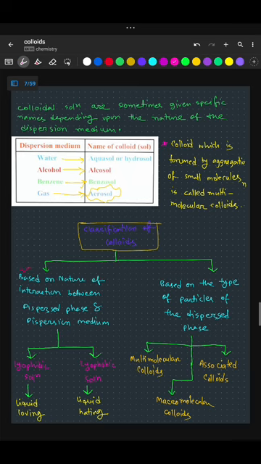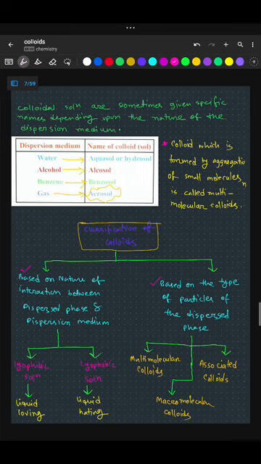Obviously we'll go into detail on each type, but first we try to understand how we are classifying them. And the second type is based on the type of particles of the dispersed phase. Based on interaction between dispersed phase and dispersion medium, it is classified into two sections.